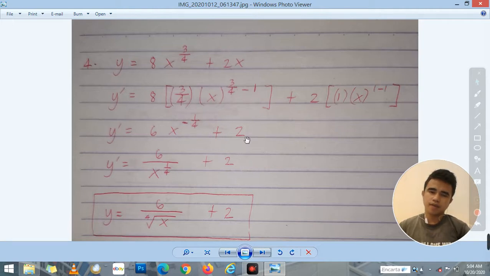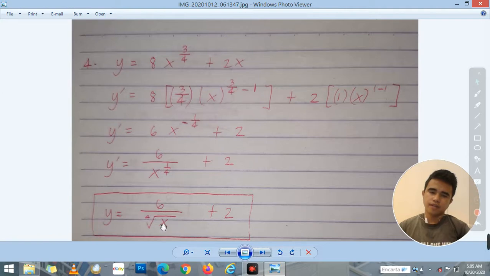And simplifying, we bring this down to our denominator since the exponent is a negative number. It becomes positive as we bring down this x raised to 1/4. And you can also simplify this by converting to a radical.